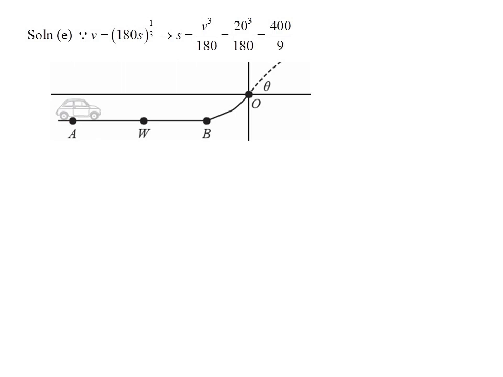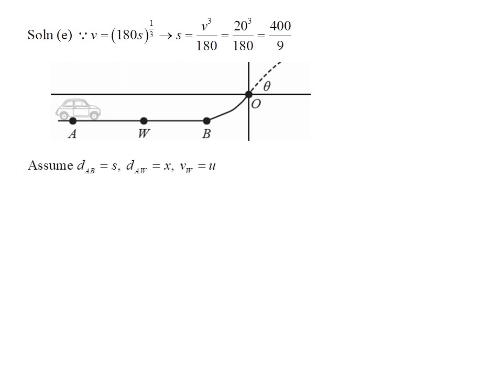The question here is how far the point W is from point B. Now, based on the relation proved in part D, v equals (180s) to the power of 1/3, which gives s equals v cubed over 180, which equals 400 over 9 meters.